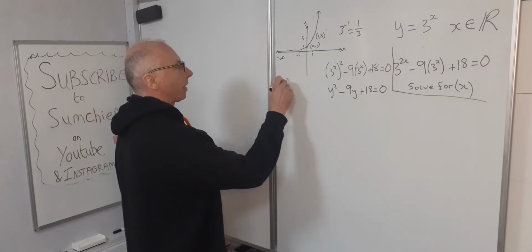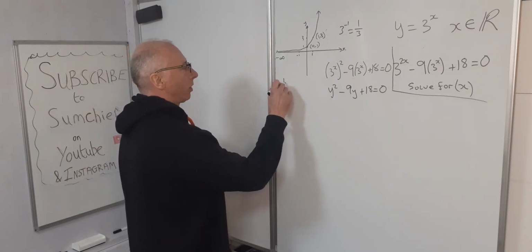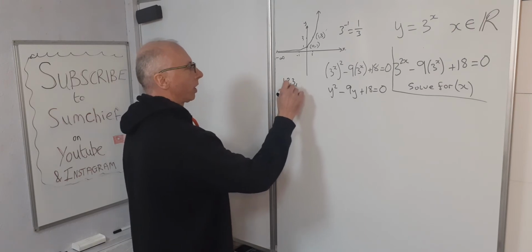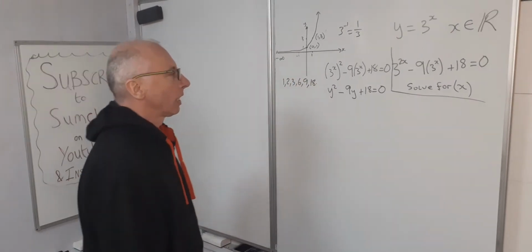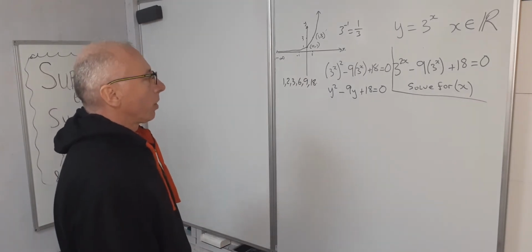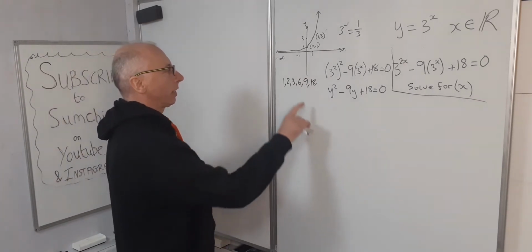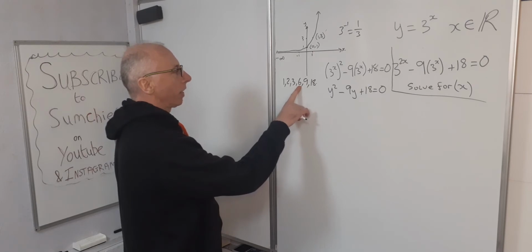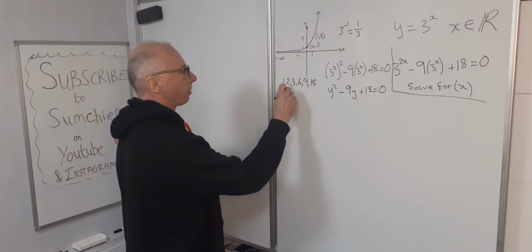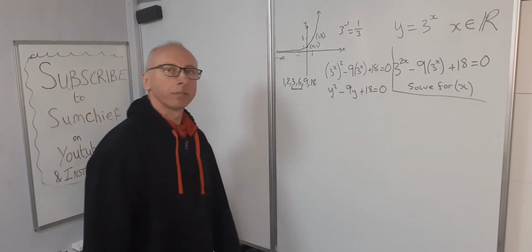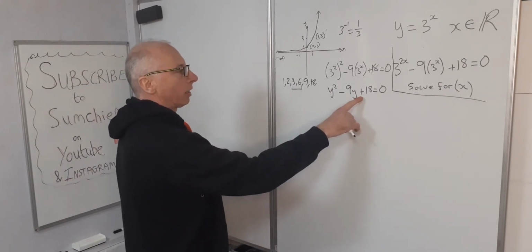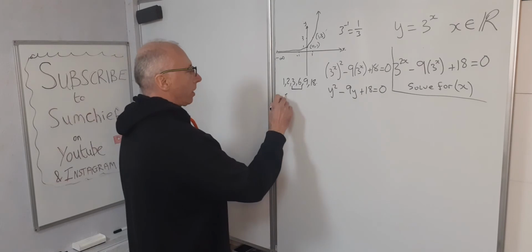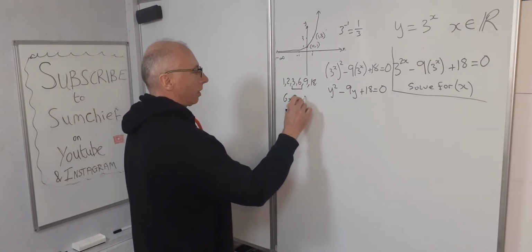So our factors of 18 are 1, 2, 3, 6, 9, and 18. So which ones are going to give us a 9? So 6 plus 3 is 9. So that's a good start. So we'll take those two there and multiply together to get plus 18. 6 3s are 18, so that's fine.